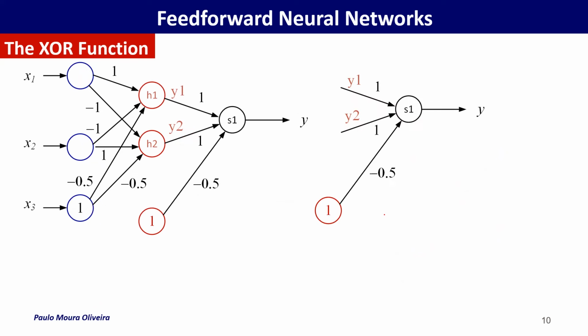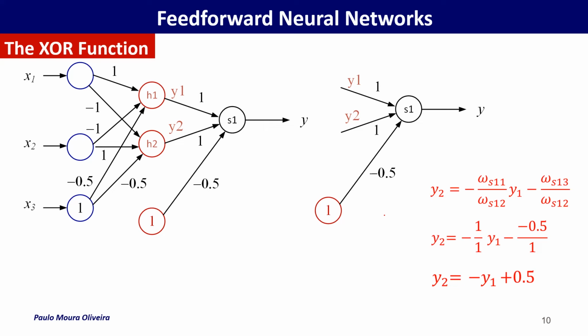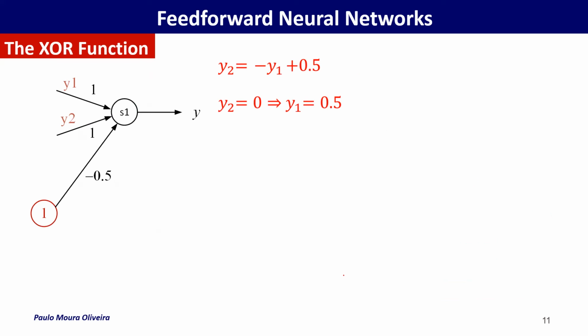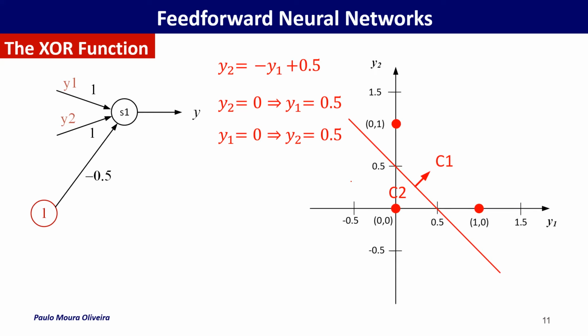Now regarding the output neuron, the equation is this one, y2 equals minus y1 plus 0.5, and if we do the same, we get these 2 points, 0.5 and 0.5. So these are the points, and this is the line.